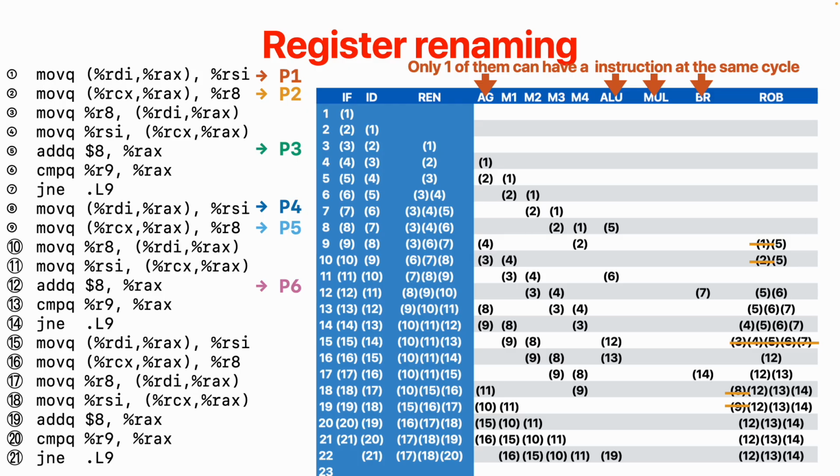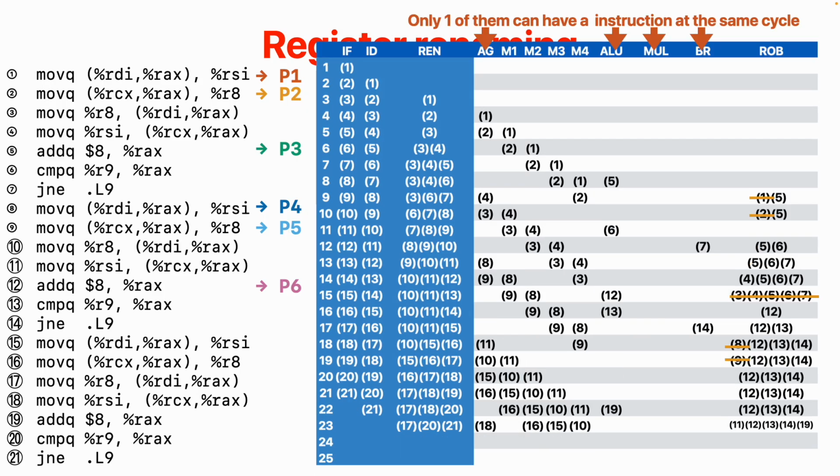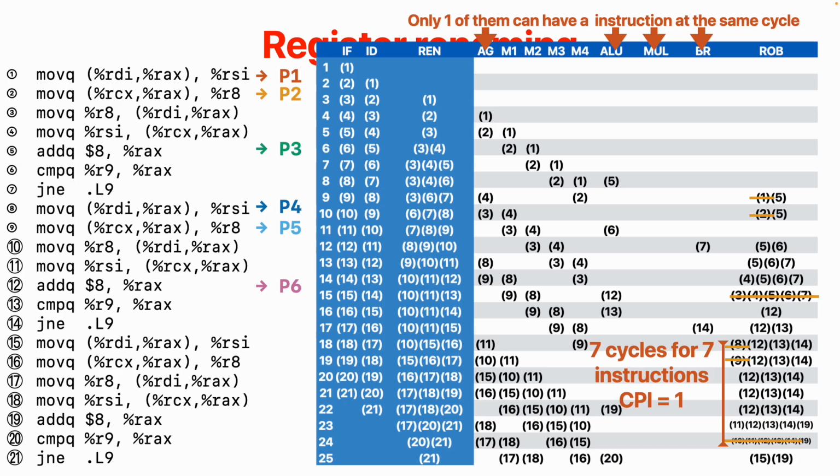If you check the throughput at the end, you will figure out that after the first iteration, I'm pretty much executing 7 instructions in 7 cycles, which is CPI equal to 1, the best CPI that we can achieve. And with this piece of code, we haven't made any compiler optimization yet.